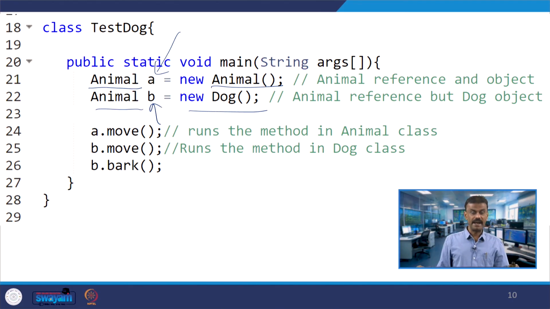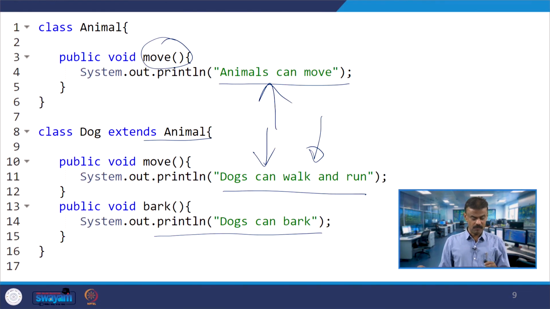When B is invoking bark, you have a method in the subclass, but there is no method with the same name in your superclass. So you have to be a bit careful when you are doing the casting.